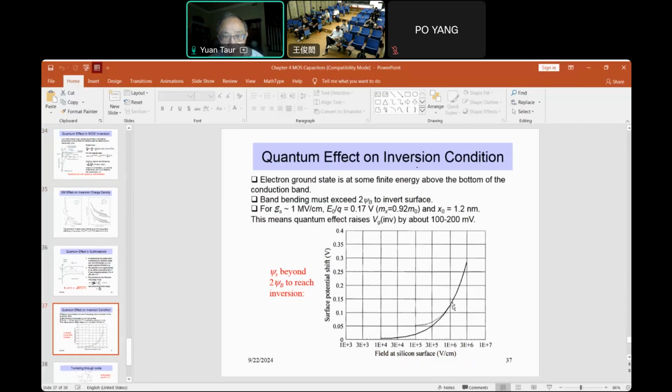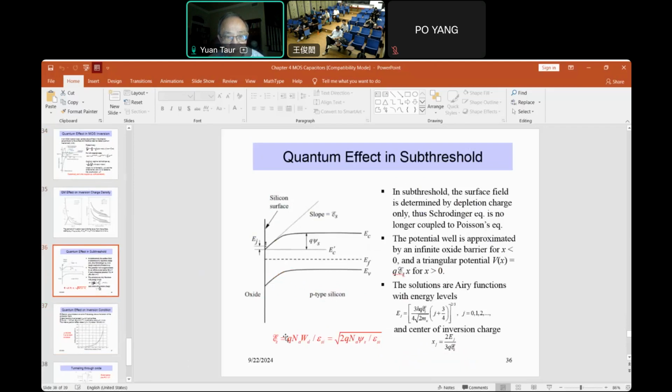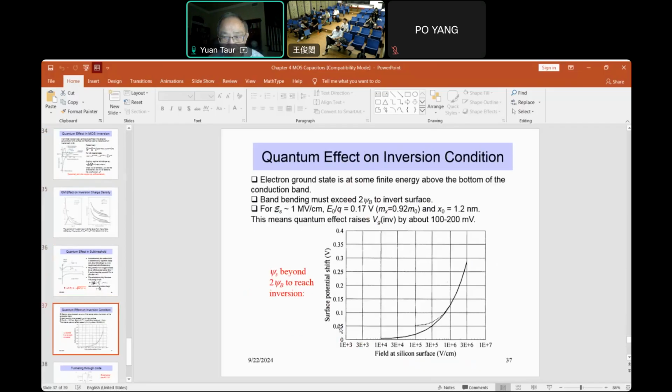Okay. So it's a very strong function of the field at the silicon surface. The field is given by this, as I said before. And when the field is below, let's say, 10 to the 5 volt per centimeter, you see the quantum effect on the inversion condition is only about 50 millivolts, or about 20 millivolts. So it's not important.